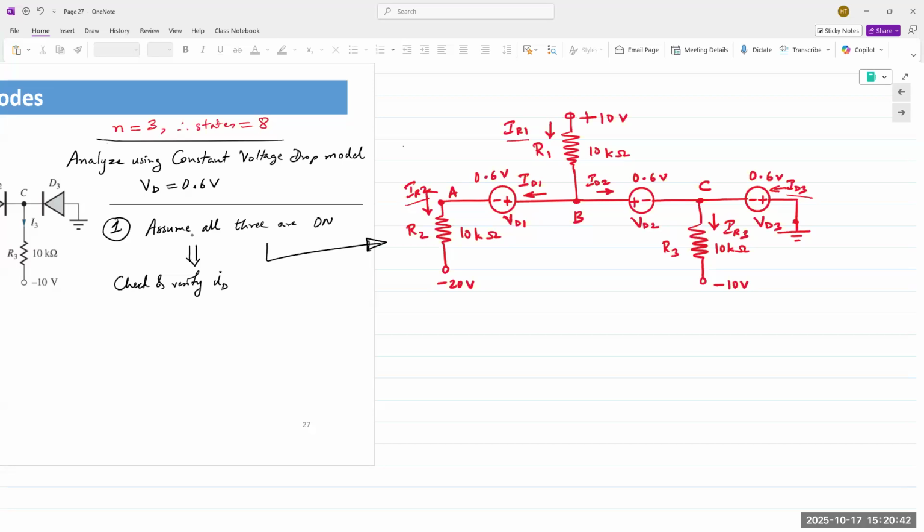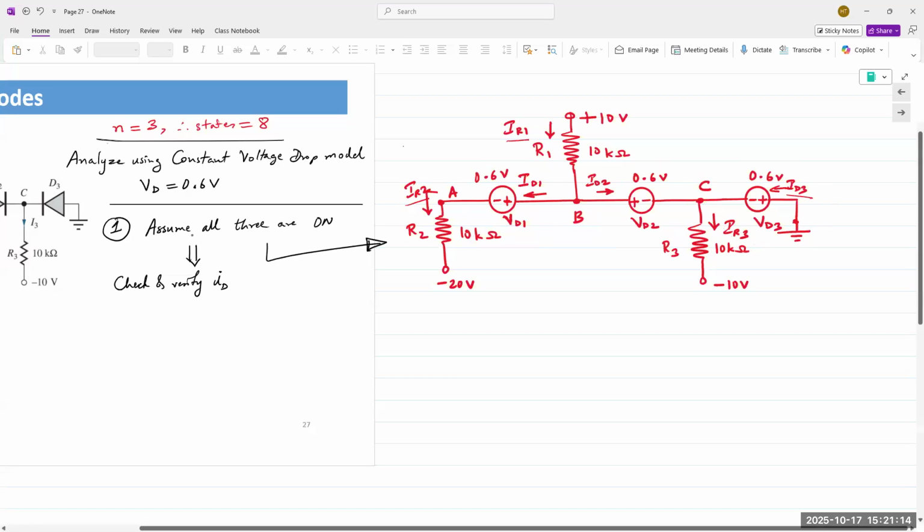So let's begin. For all semiconductor devices, the circuit analysis techniques are still the same ones that we learned previously, right? In Circuits 1, 2, and 3, we learned about resistive circuit analysis, Ohm's law, KVL, KCL. All of that is still going to be used. Circuit analysis techniques are still the same. Only the models that we use will change. So in this case, I have diode D1, diode D2, diode D3.